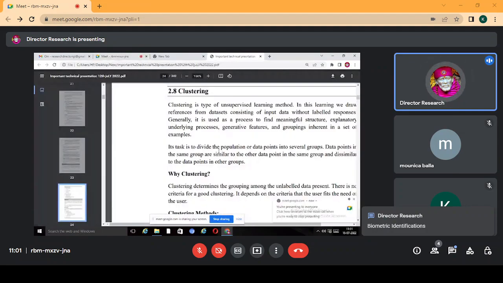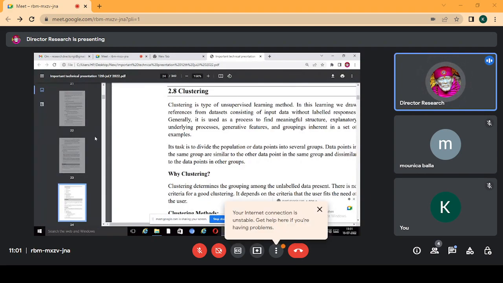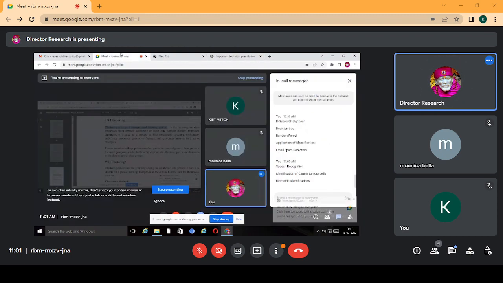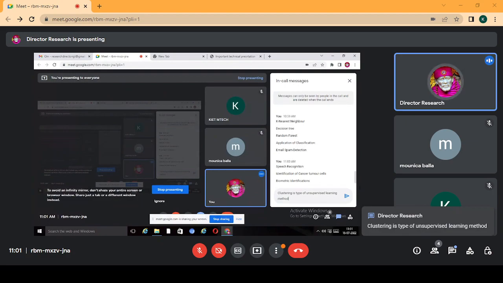Clustering. This is a very important topic. Clustering is a type of unsupervised learning method.